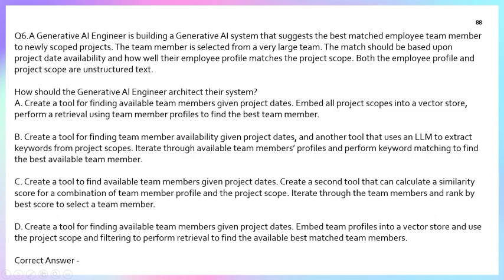This is option A: create a tool to find available team members for the given project, embed all the projects into the vector store and perform retrieval using the team member profile to find the best team member. Embedding all the projects into the vector store means the projects we have are embedded, and we perform retrieval using the team members. This is the wrong way because it completely ignores availability.